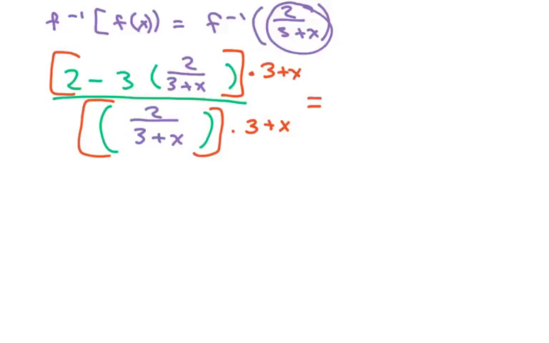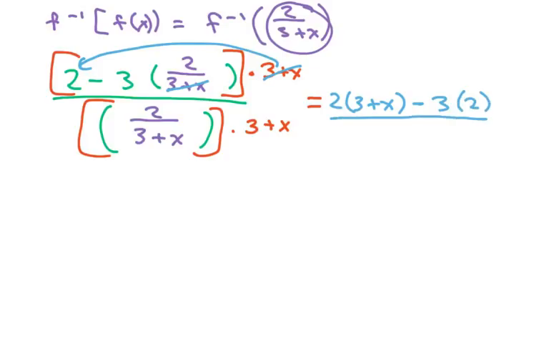So when I distribute here, I'm going to get 2 times 3 plus x minus 3, and this will cancel, so it's just going to be 3 times 2. And for the denominator, it's easier.